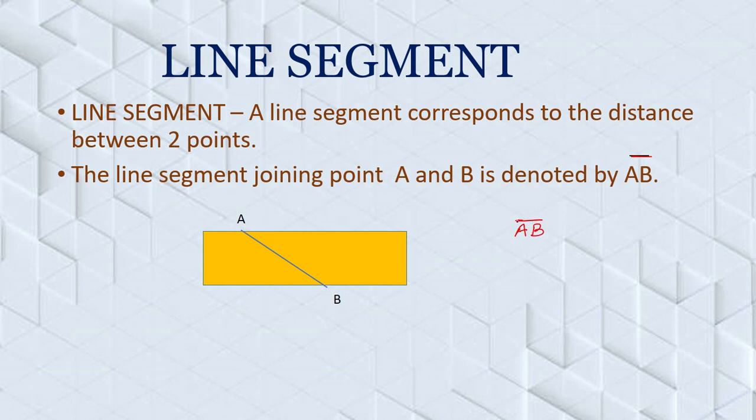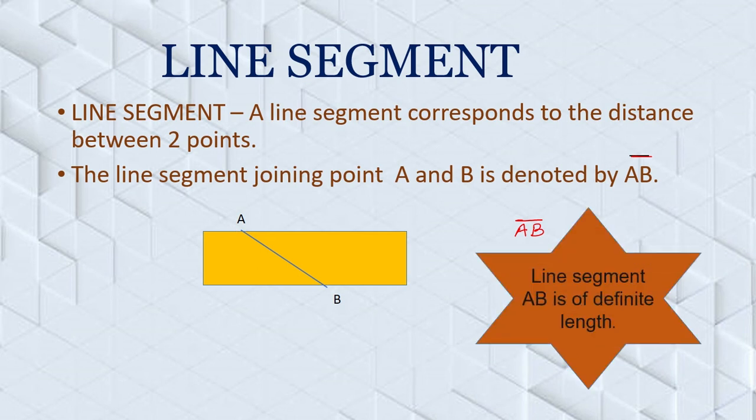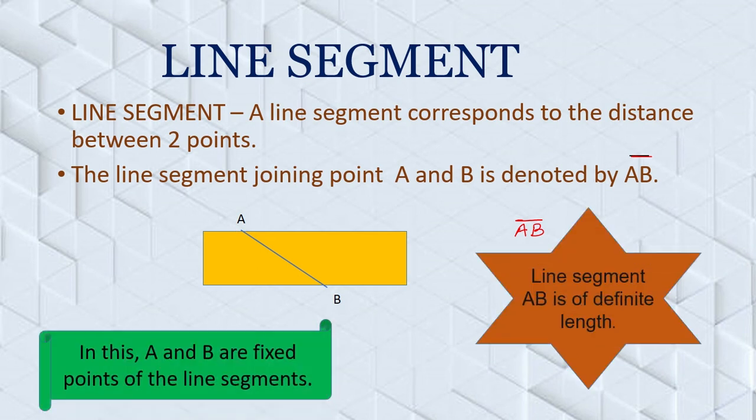It means I have two fixed points here, A and B, and it has a definite length. Definite length means you can measure the length of AB because AB is a line segment having two fixed points. I hope you have understood about line segment.